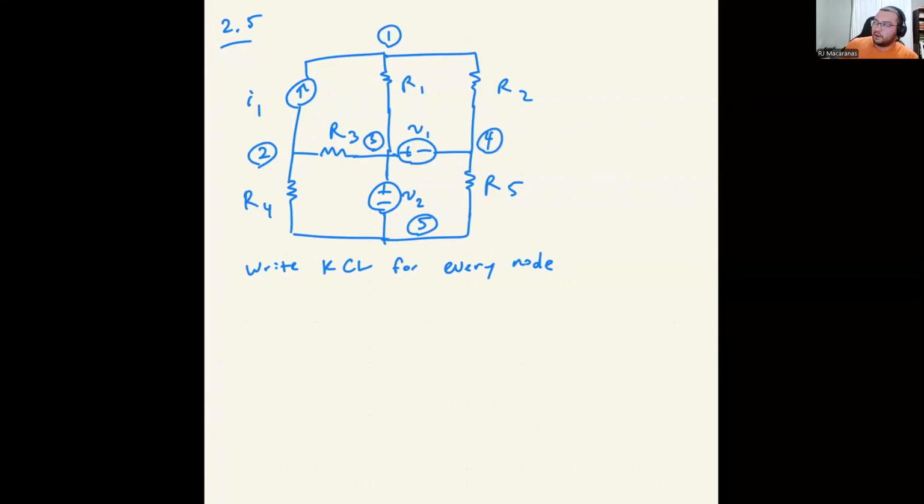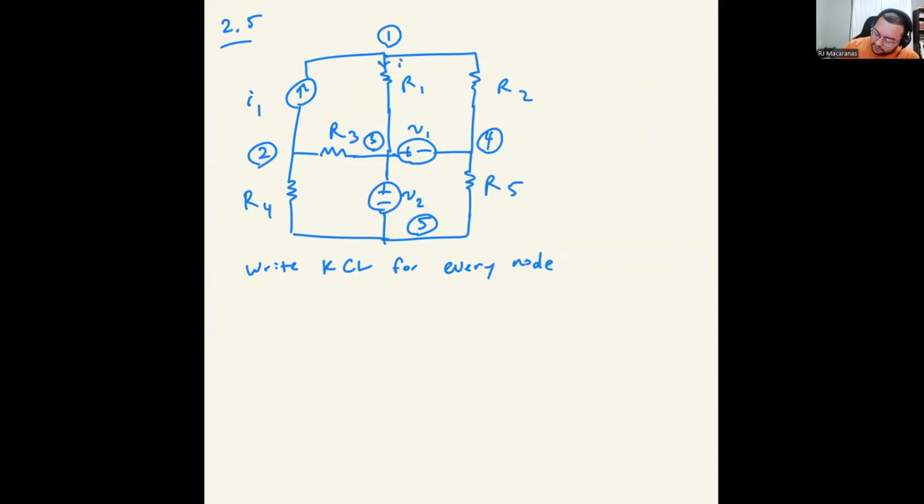This is really just an example of writing KCL equations. And in order to do something like this, we have to define which way the currents are going in the first place. So they've defined I2 going this way, I3 going this way, I5 here, I8 there, I7 here, and I4, I6, and then I1 is just that source right there.